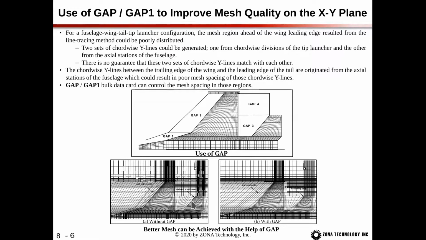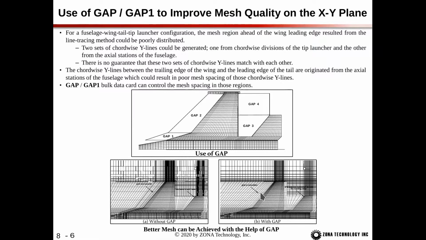Meanwhile, ahead of the tail, you can see that we have a very large spacing here of lines ahead of the tail. So the flow solver will have trouble with this because it has a really large volume box size followed by a really small volume box size, and we want to avoid that. We generally want the sizes of the boxes to be smoothly varying. So we can fix both of these problems with the gap cards.